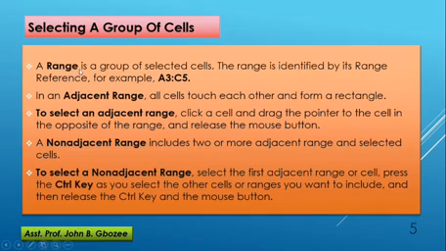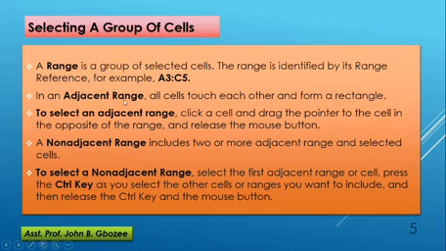So we say a range is a group of selected cells. The range is identified by its range reference. For example, A3 to C3 is a range, A3 to C5 is a range.